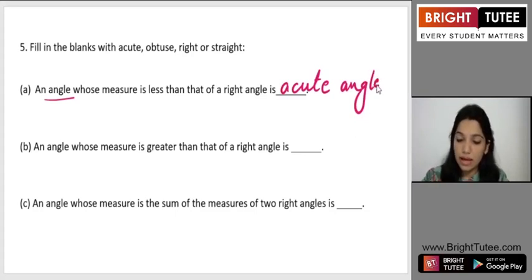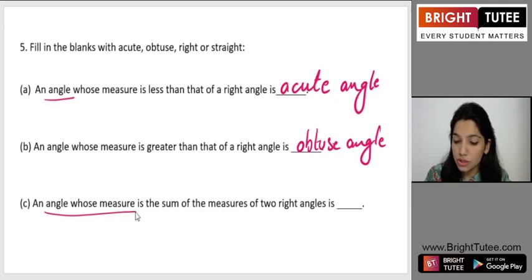Now the second one: an angle whose measure is greater than a right angle, which is greater than 90, is an obtuse angle. Now the last one says an angle whose measure is the sum of the measures of two right angles.